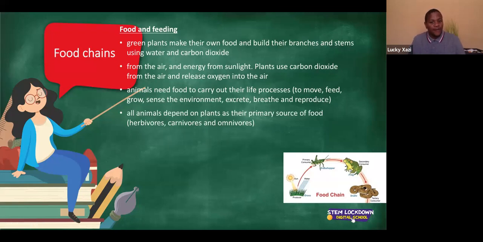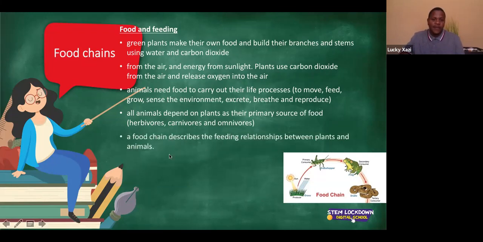We have herbivores, carnivores, and omnivores. I'll explain further about these three different types of animals. A food chain describes the feeding relationship between plants and animals, which is the food chain I unpacked for you at the beginning of the slide.